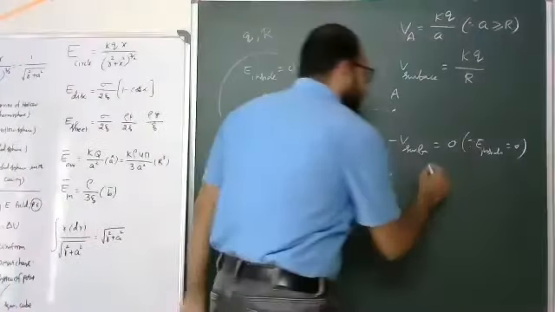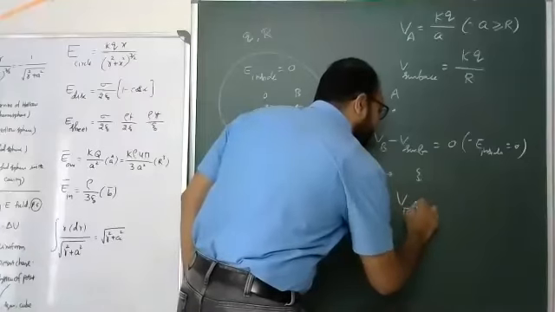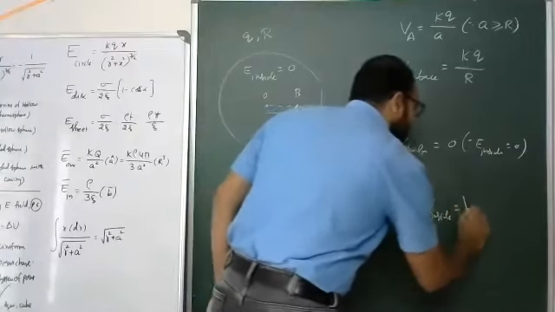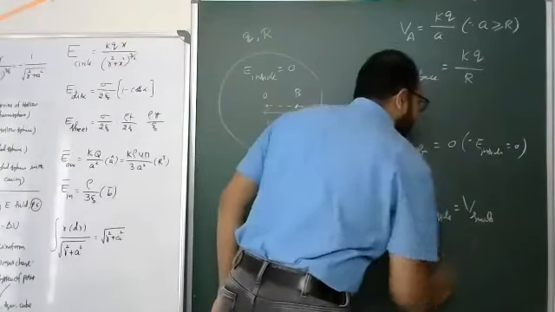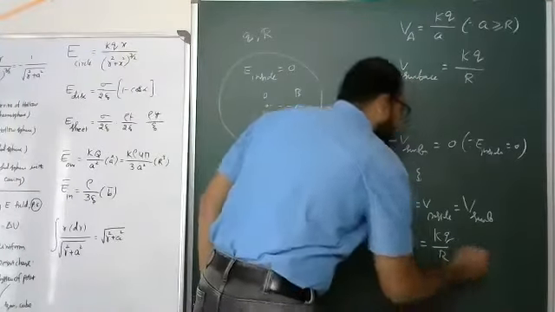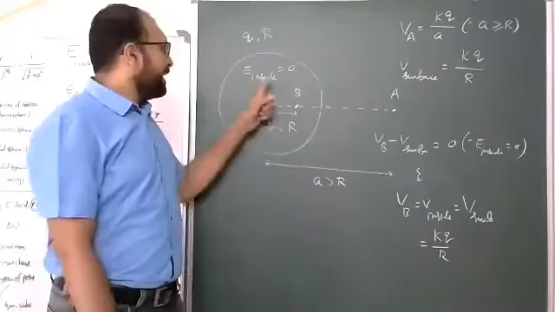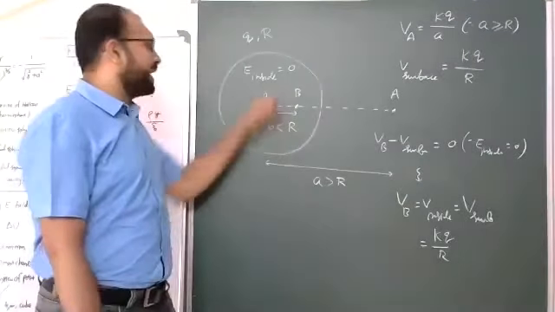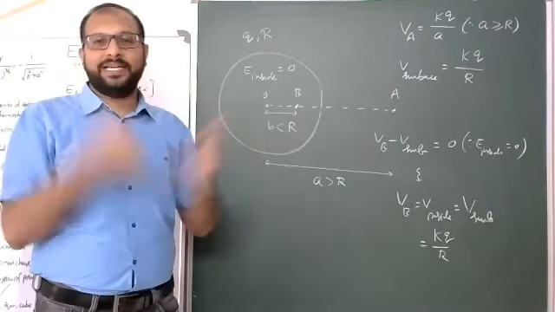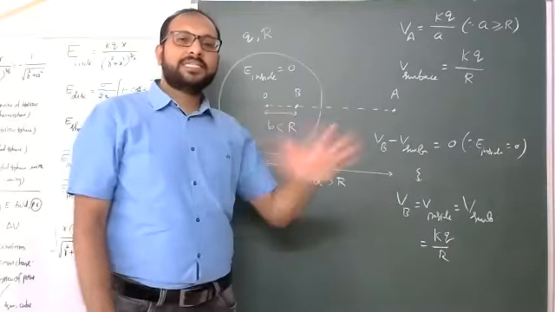So now VB is nothing but V inside. What is V inside? V surface, that is KQ by capital R. So students, any point inside our hollow sphere, the potential is constant.